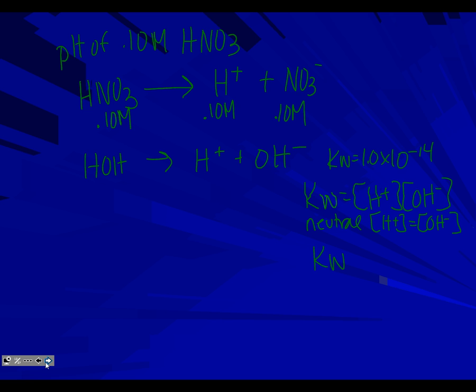So we can set them both equal to X. Well, Kw equals X squared. And so if we wanted to solve and find out what the concentration of each would be, we would just take the square root of our Kw. Take the square root of 1.0 times 10 to the negative 14th, and you get 1 times 10 to the negative 7th molar.